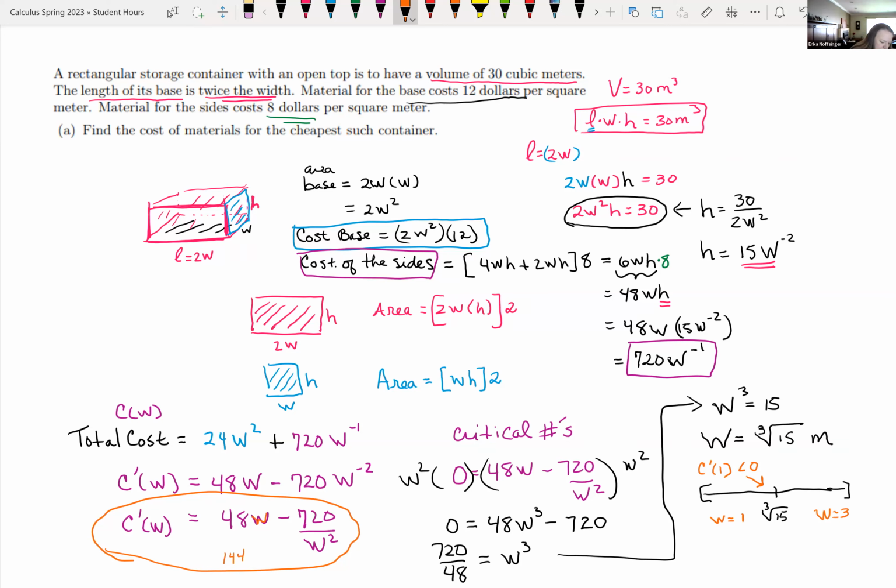Minus 720 over 3 squared, which is 9. 720 divided by 9 gives us 80. So 144 minus 80, that's a positive number. So C prime of 3 is greater than 0. So this is increasing. So I can tell that W equals cubed root of 15 is a minimum.